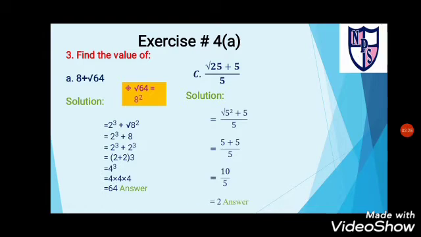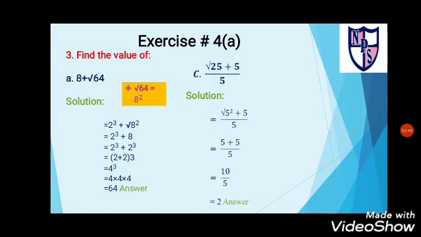In the next question, part C, we have under root 25 plus 5 upon 5. 25 is equal to 5 power 2, so write 5 power 2 instead of 25: under root 5 power 2 plus 5 upon 5.